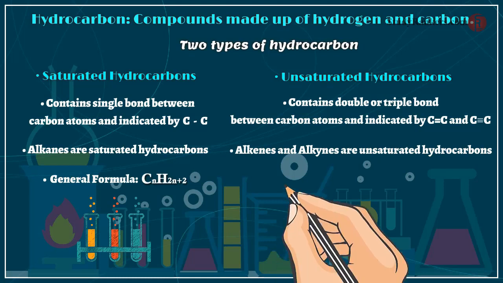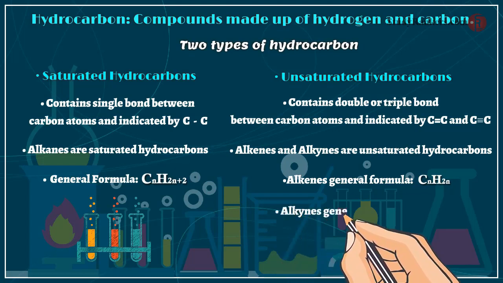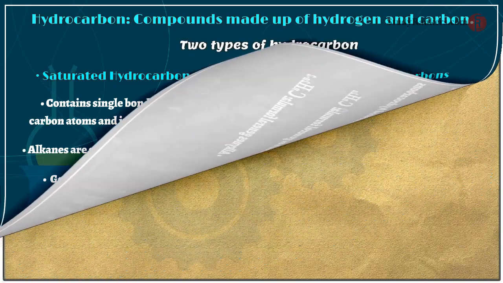The general formula of alkene is CnH2n. The first alkene is ethene, C2H4. Alkynes are hydrocarbons having at least one carbon-carbon triple bond. The general formula of alkyne is CnH2n-2. The first alkyne is ethyne, C2H2.